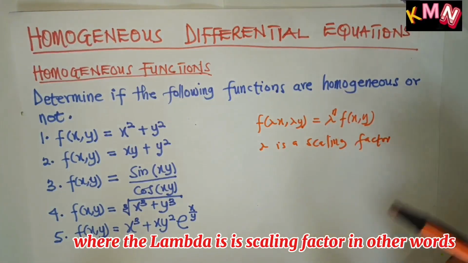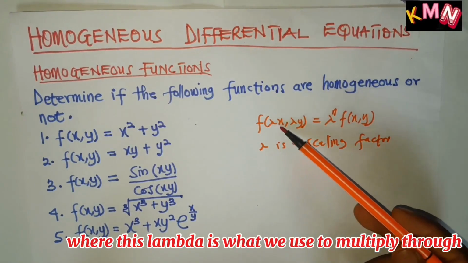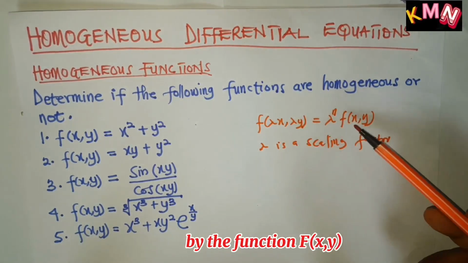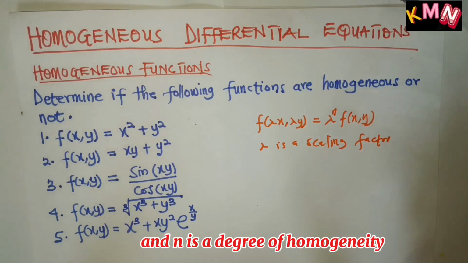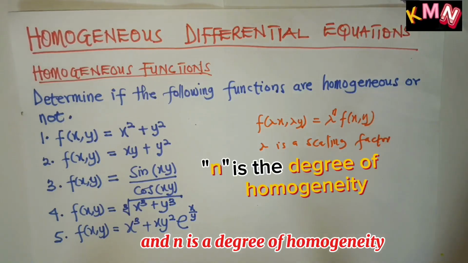In other words, λ is what we use to multiply through, and n is the degree of homogeneity.